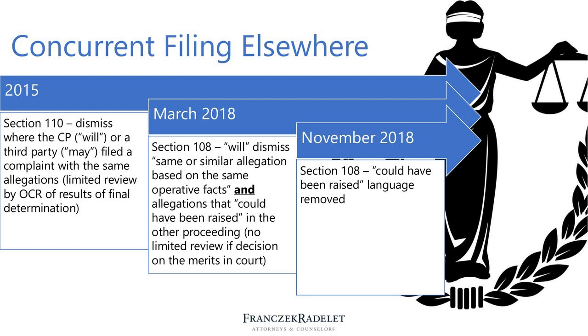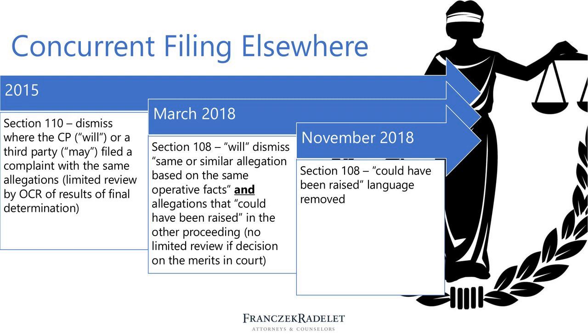So it didn't have to be the same anymore. It's the same or similar allegations based on the same operative facts, and the allegations could have been raised in another court. I will tell you that this was internally very confusing as far as what this meant. There's a lot of discretion that this gives to OCR staff members as far as what it means that something could have been raised in another court.